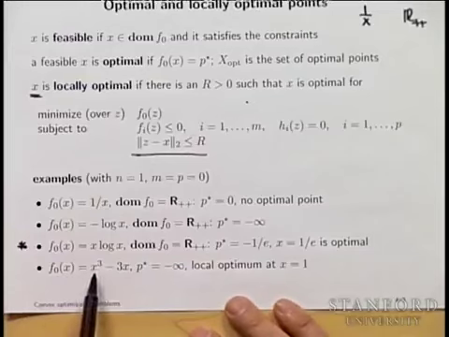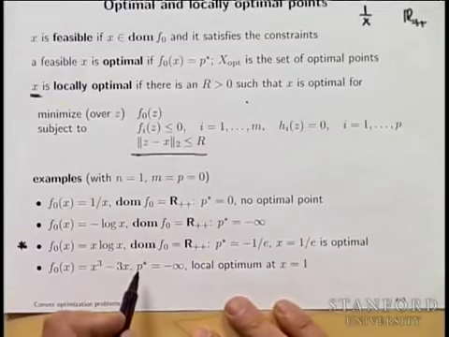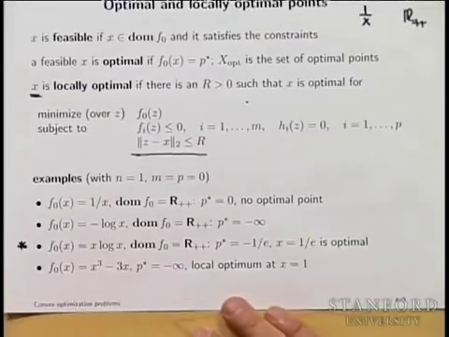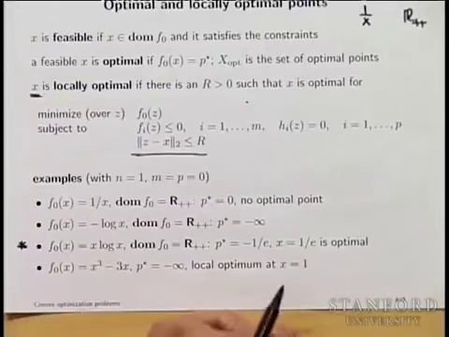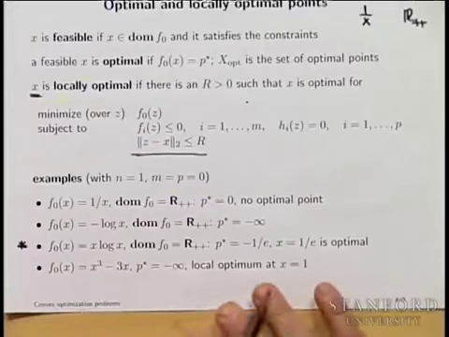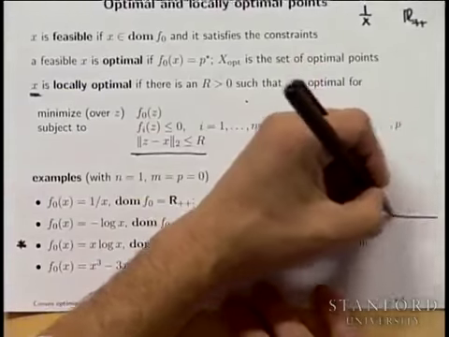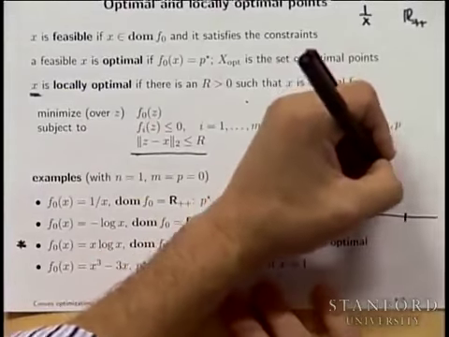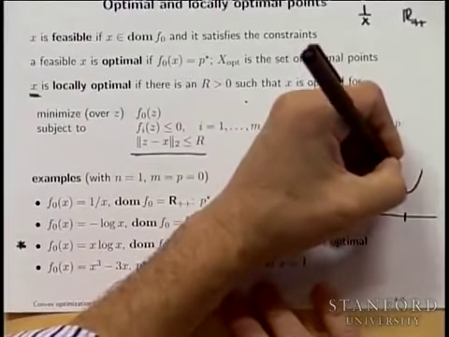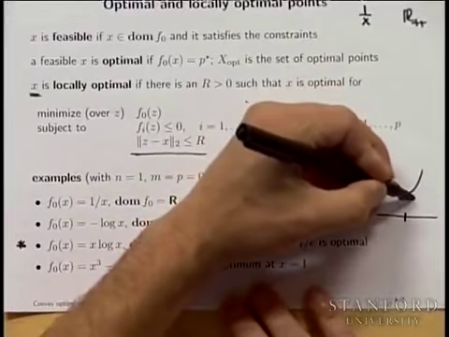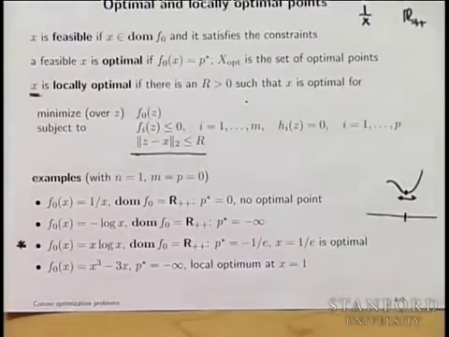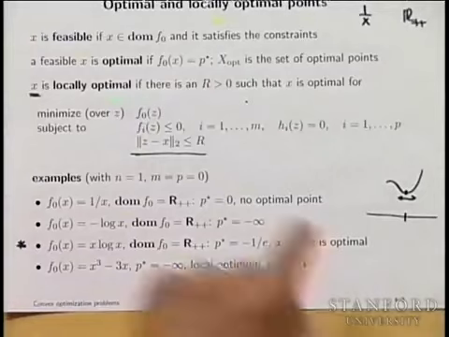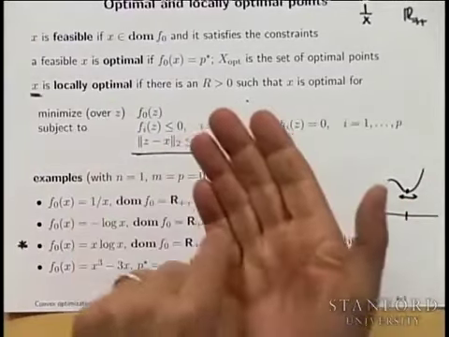If you have f0 of x is x cubed minus 3x, here it's unbounded below. Obviously, as x goes to minus infinity, this thing goes to minus infinity. But you have a local optimum at x equals 1. If you take a look at this, around x equals 1 the derivative is 0, and in a little neighborhood around it, it's locally convex, and that means that as you stray from x equals 1, the objective value goes up.